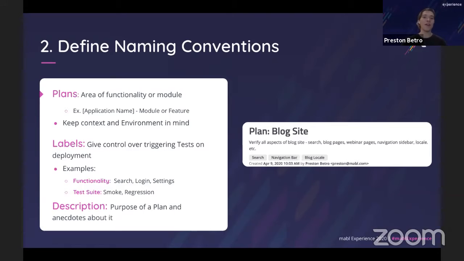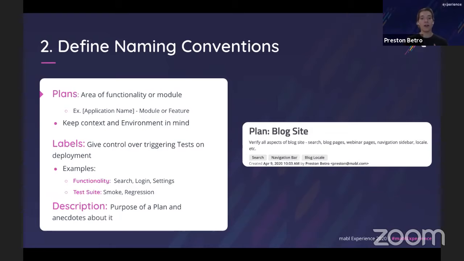Plans, focusing on the area of functionality or module, right? Keeping that context of how it relates to other plans in mind, and the environment that it's testing against as well. An example here, application name dash module or feature is a good place to start, but there are different versions of this. Labels are also very important with plans, because they're also going to allow you to kick off certain plans based on certain deployments.